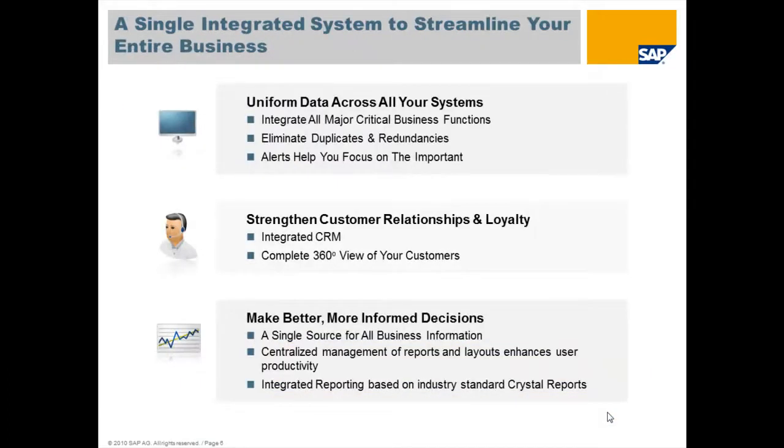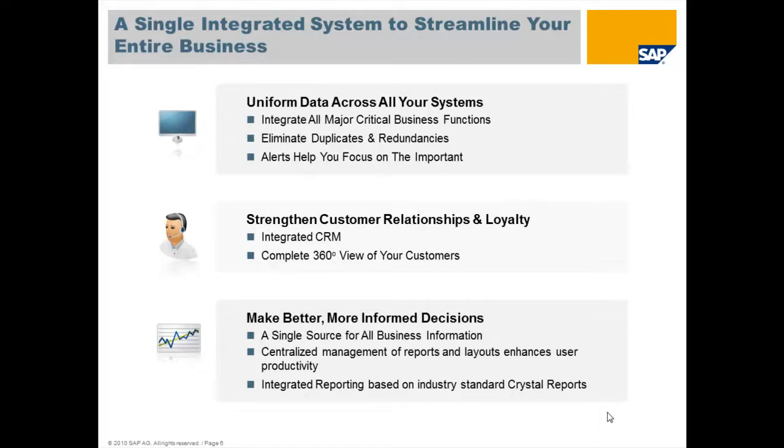So what does it give you? Well, first and foremost, it gives you a system that manages uniform data across all of that functionality. So we integrate all those major business functions. Because it's all done in one single system, it eliminates duplicates and redundancies.